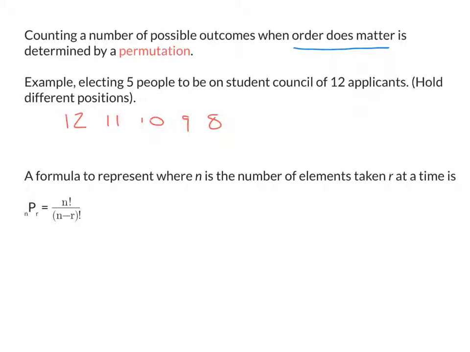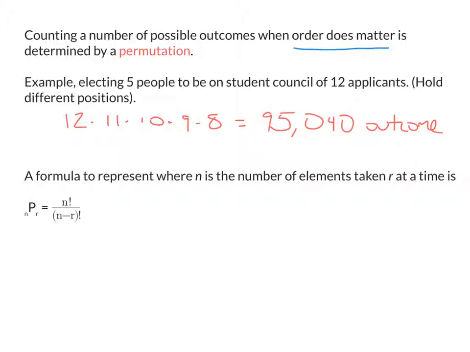Now, the way we can count up how many different outcomes there are here is by simply multiplying these numbers together. And this totals out to 95,040 outcomes. There are 95,040 different ways that we can select people out of 12 applicants to be on the student council and what positions to hold.